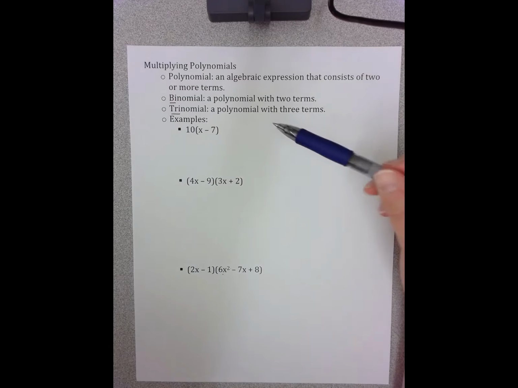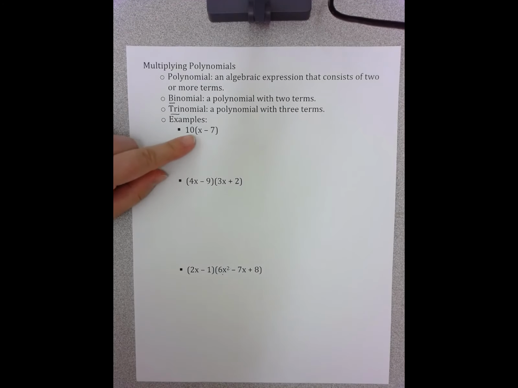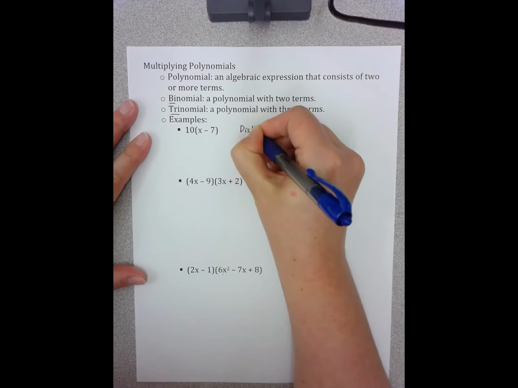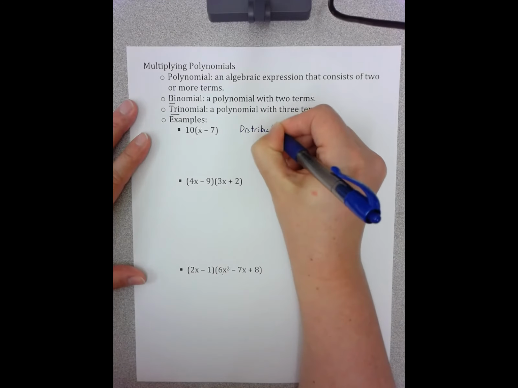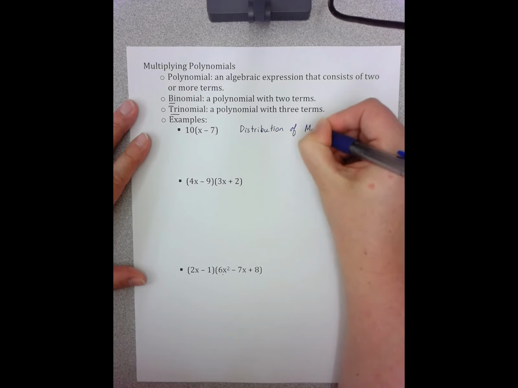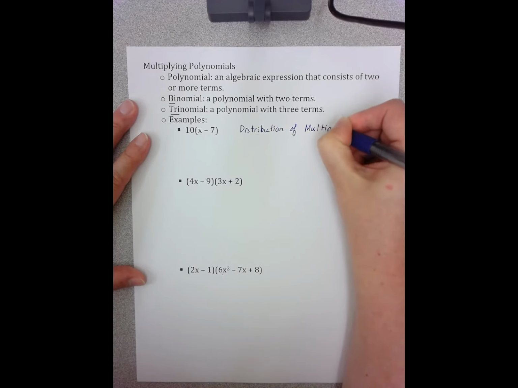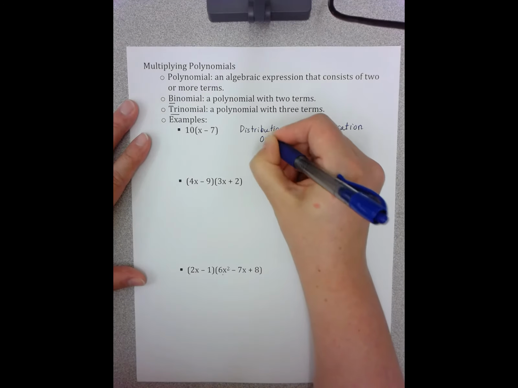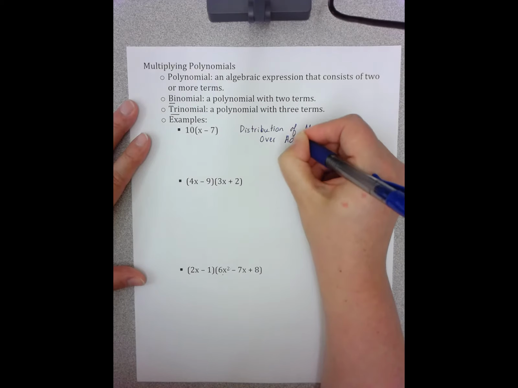For our first example, we're going to multiply a monomial, it's not part of the definition, but just be aware, one term, by 2. And this we're going to use distribution of multiplication over addition.